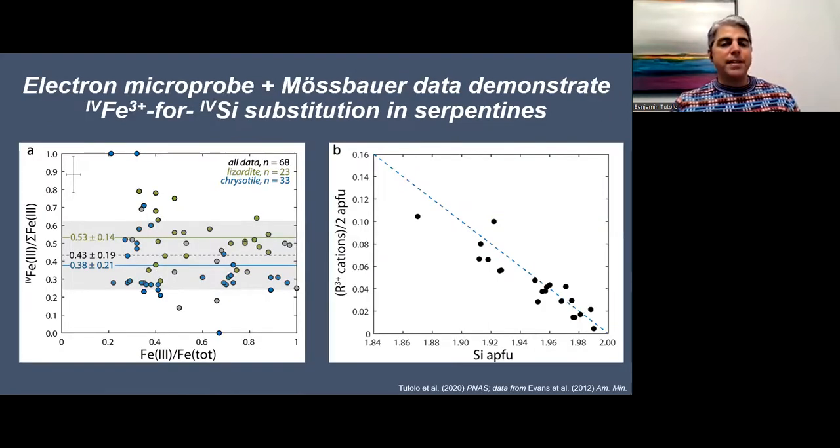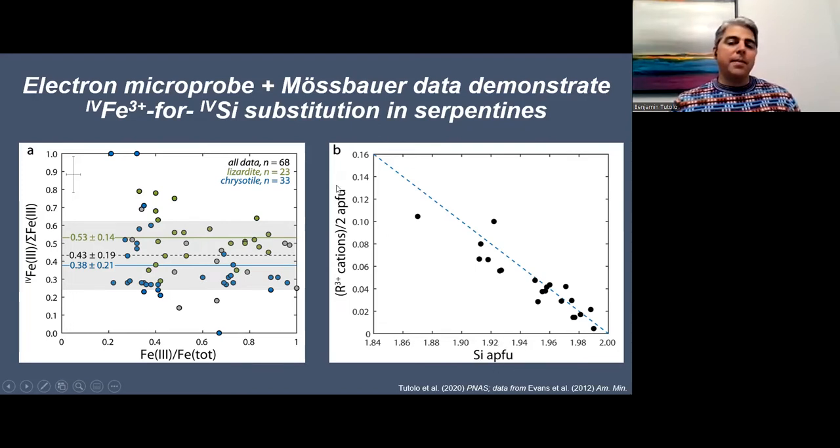And we can take this a step further and do very precise electron microprobe analyses of all of the 3+ cations that occur in serpentines. This also includes elements like aluminum that might also participate in Tschermak-type substitution. What we see is that the abundance of oxidized iron and aluminum and any other 3+ cations increases linearly as the number of silicon atoms per formula unit decreases.